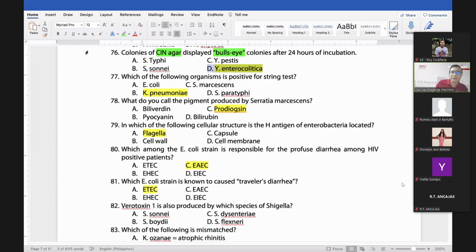The string test is usually used to test whether the organism contains a capsule. The most capsulated is Klebsiella pneumoniae. Therefore, Klebsiella pneumoniae may also be positive on a Neufeld-Quellung test. Number 78, what do you call the pigment produced by Serratia? The correct answer is prodigiosin.